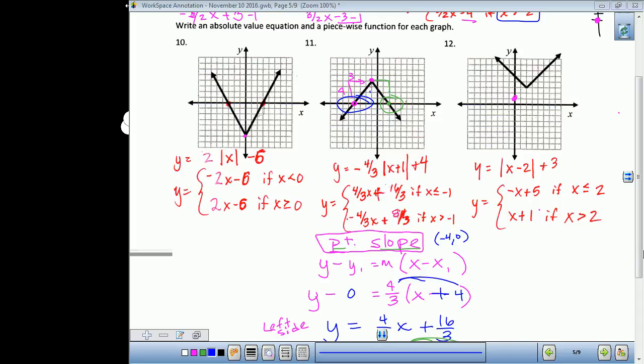So what do you do when it doesn't cross pretty? You have to use point slope.